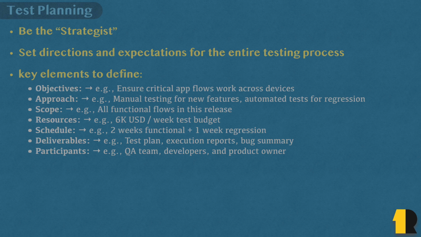Resources are where we define the manpower requirements as well as the financial requirements or budget. The schedules explain themselves, of course, and deliverables are the outcomes of the test process. We can think of the test plan and the bug reports as examples. Lastly, the participants who will be involved in the test process must be defined during the test planning activity.